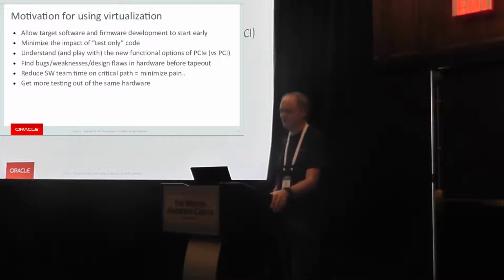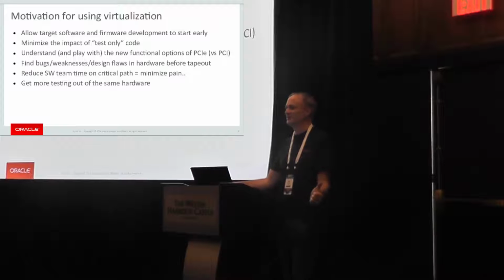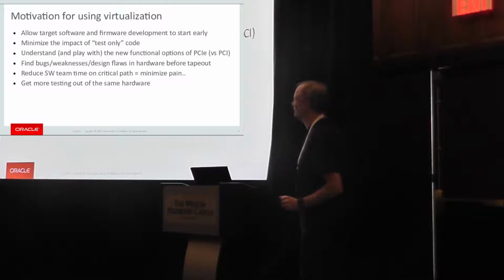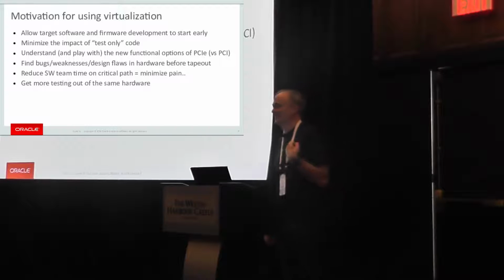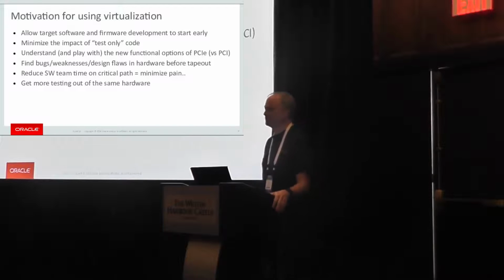And of course, as a software team, once hardware is available, the software team is under pressure to get things done. So for our own hearts and survival, we wanted to minimize our pain by being ahead of things.